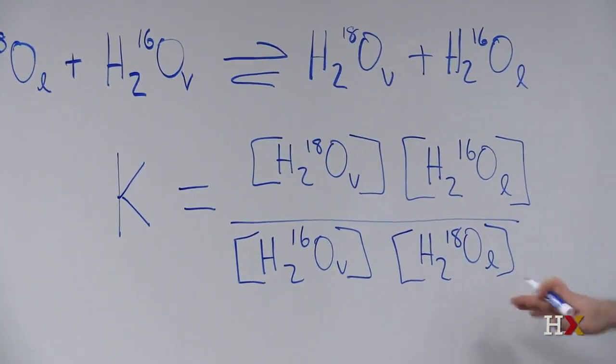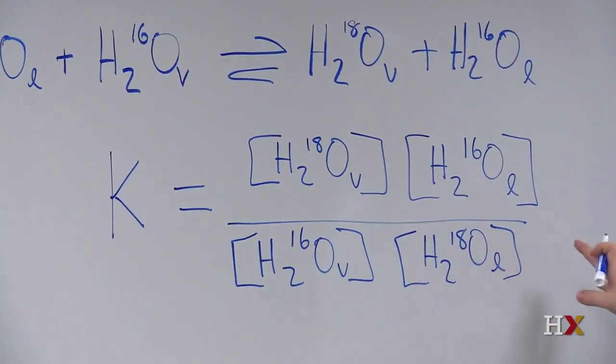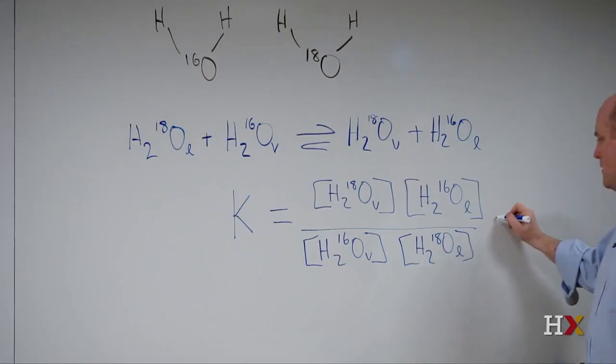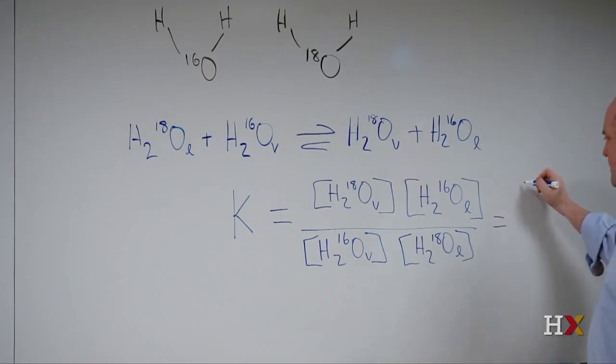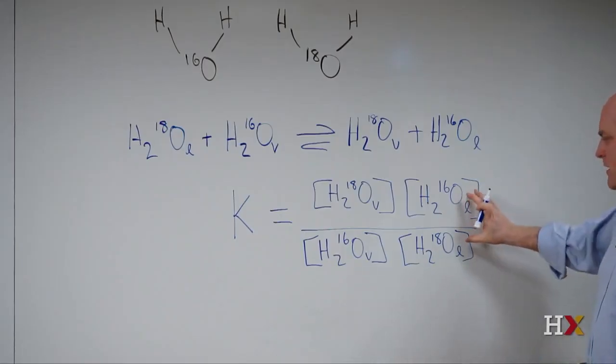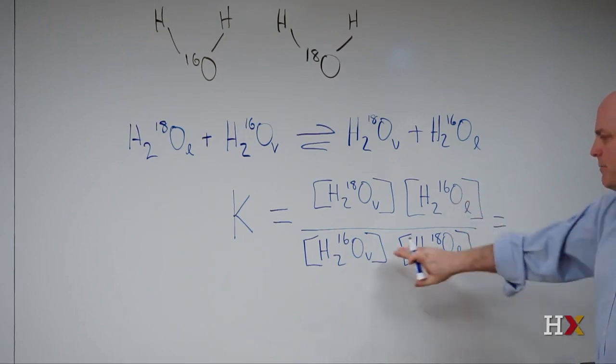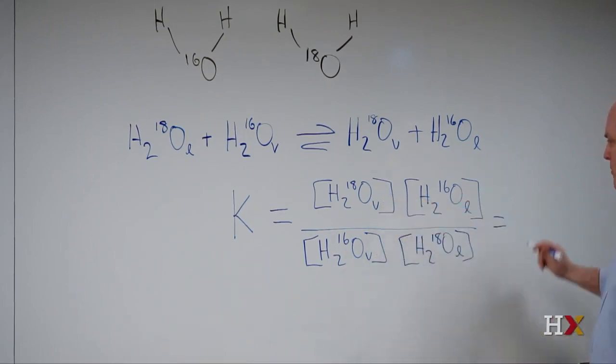Now, we can rearrange this to make it just a little bit simpler for us using some very simple arithmetic, essentially moving the liquid terms into the denominator and moving the vapor terms up into the numerator.